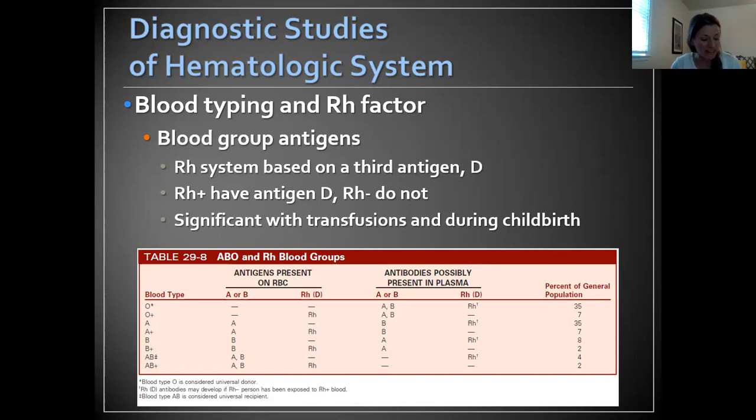Blood group A has A antigens, group B has B antigens, group AB has both antigens, and group O has neither A nor B antigens. The Rh system is based on a third antigen, D, which is also on the red blood cell membrane. Rh positive people have the D antigen, whereas Rh negative people do not.